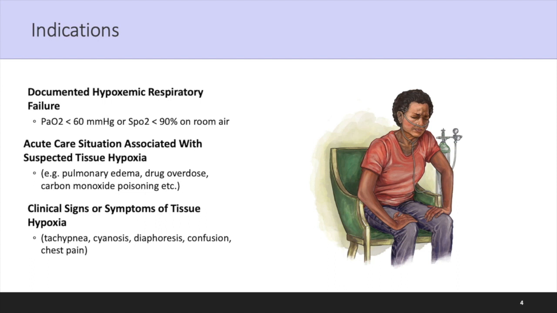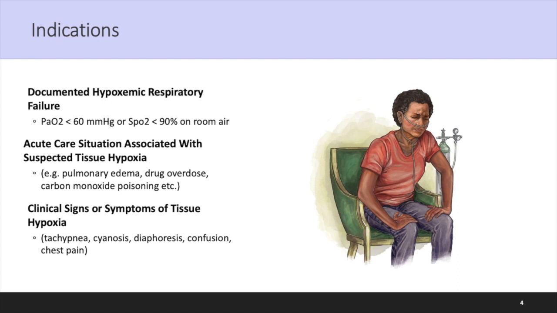So what are our indications? So the basic indications are just like any other normal oxygen therapy. So documented hypoxemic respiratory failure, so we may get an ABG, but primarily we're just going to see this patient come in probably to the ED on a non-rebreather. They're going to have lower SATs.